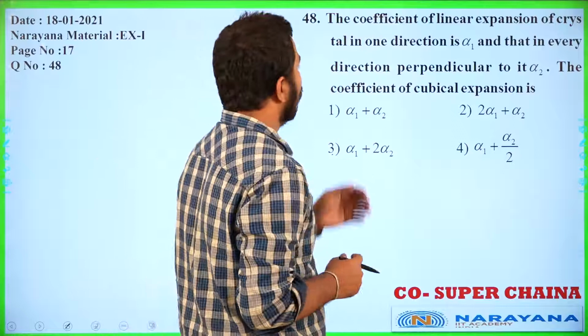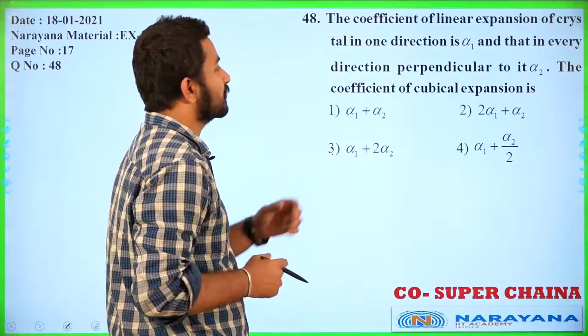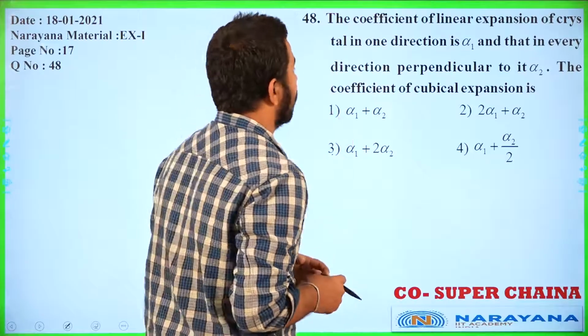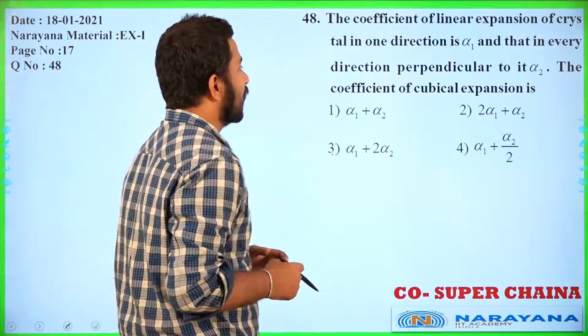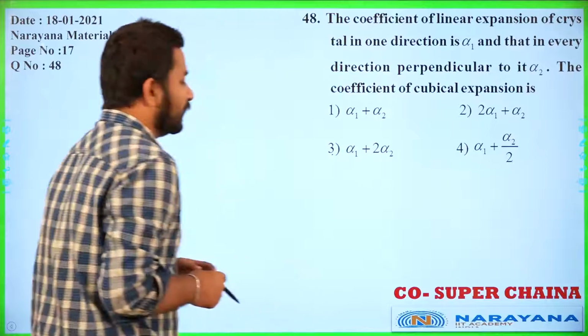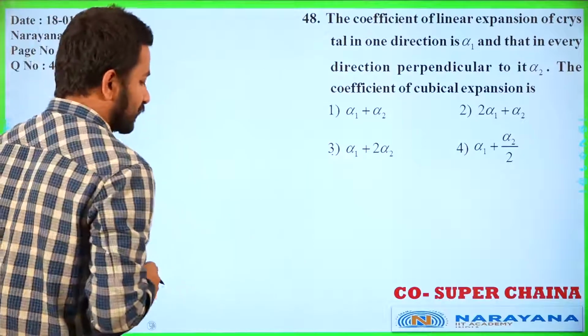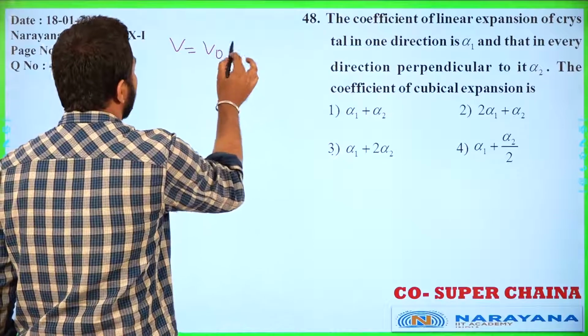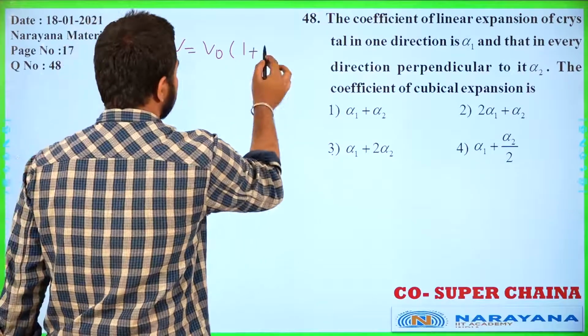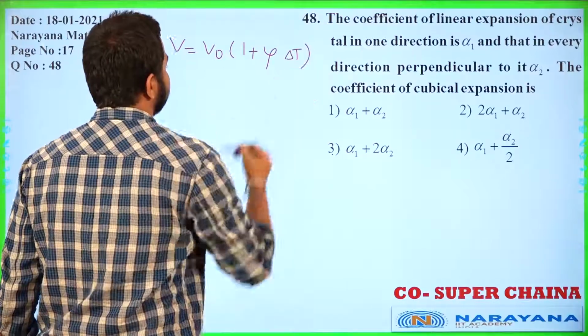The coefficient of linear expansion of a crystal in one direction is alpha 1, and that in every direction perpendicular to this is alpha 2. You have to find the coefficient of cubical expansion here, student. So we know that V equals V naught (1 plus gamma delta T).